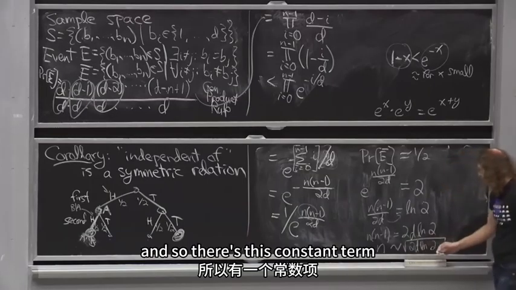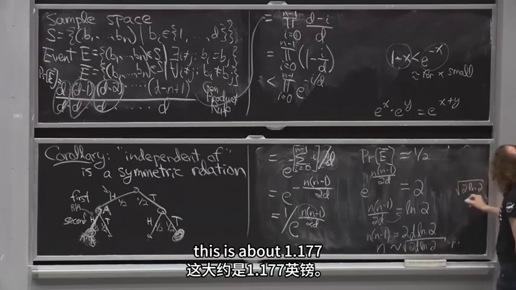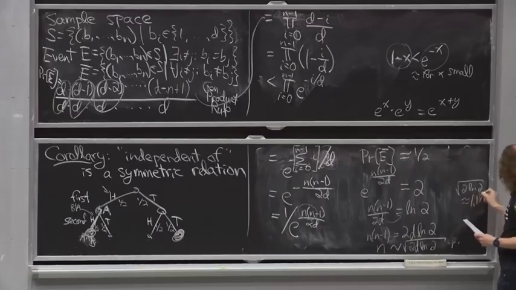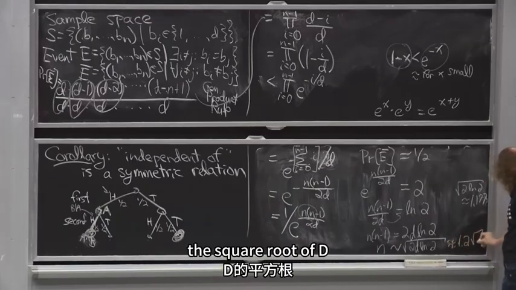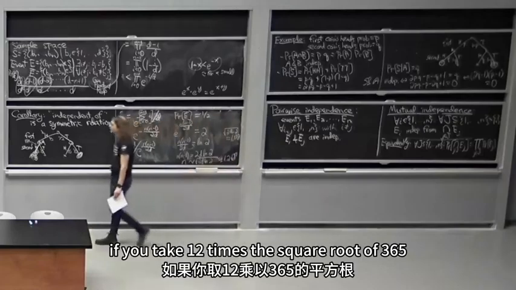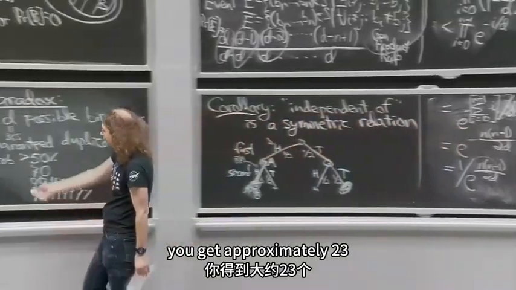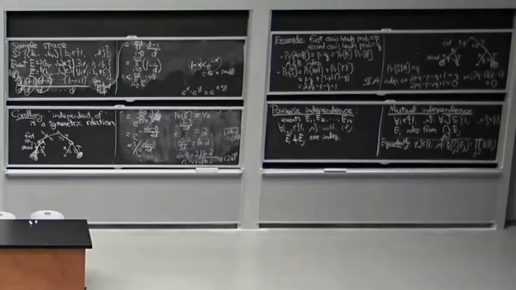And so there's this constant term, which is square root of 2 ln 2. This is about 1.177. So this is about 1.2 times the square root of d. This is what I claimed before. If you take 1.2 times the square root of 365, you get approximately 23. And if you compute it exactly, you get 23.